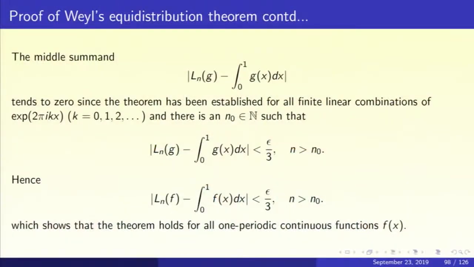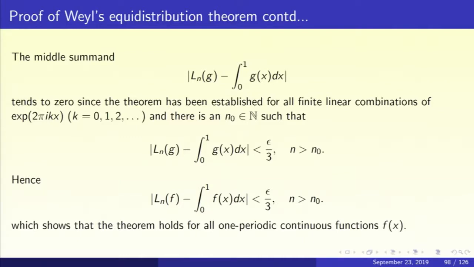So the middle summand mod ln g minus integral 0 to 1 g x dx tends to 0, and so there is an n naught belonging to N such that mod ln g minus integral 0 to 1 g x dx is less than epsilon by 3 for n bigger than n naught.